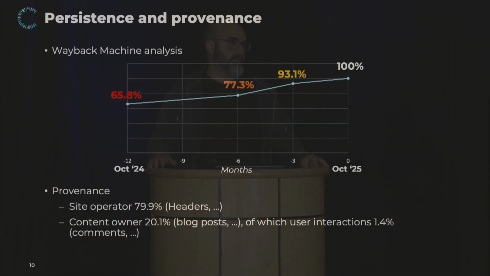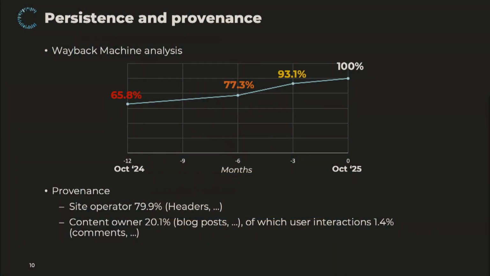OK, at this point, we know what tricks they're using. And the next question we had in mind, if we look at the population of prompts that we have identified, is for how long they were there on those websites. This was also an interesting analysis to do. We performed the analysis in October 2025.